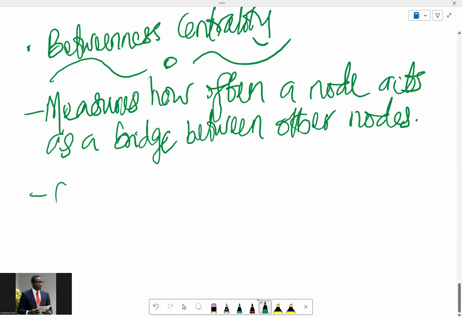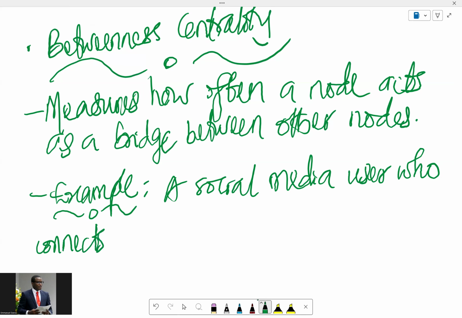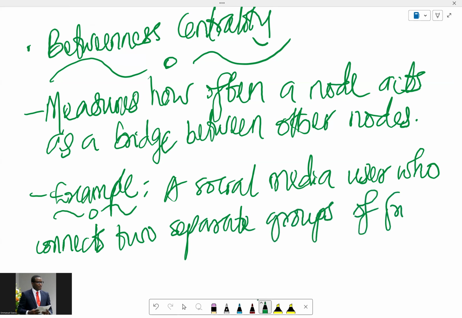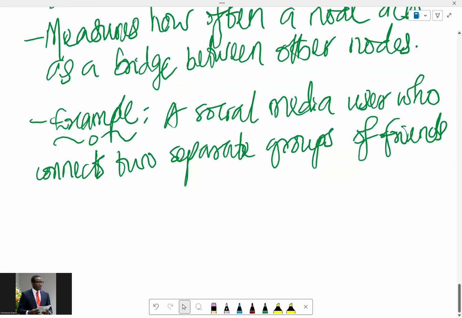A very good example of this will be, I think it's the kind of example I've been giving a lot, a social media user who connects two separate groups of friends. There's a likelihood that you and friends you have not seen in a long time share some common interest, and there's a particular social media user that is an icon of that thing.